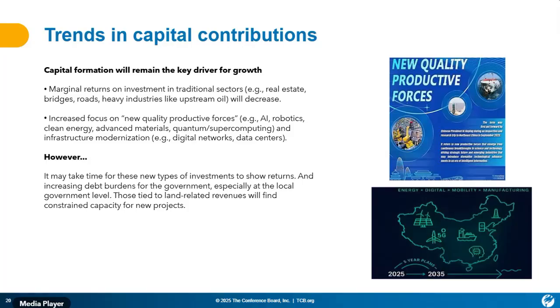So the government's basic idea here is that previous investment in China was scattershot, very broad-based, and therefore unproductive and wasteful. A lot of it went into the real estate sector. There was a lot of overinvestment in real estate.